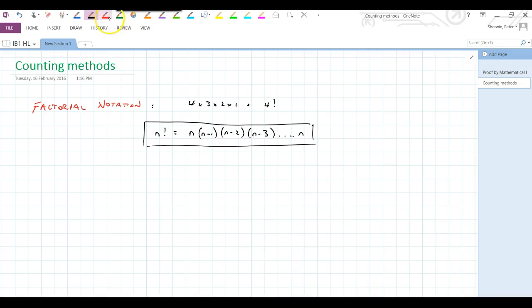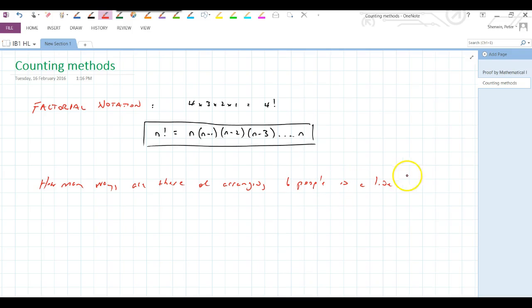A starting point here would be: how many ways are there of arranging 6 people in a line?